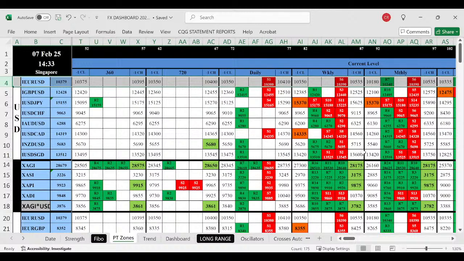We are seeing some weakness on the daily, and weekly is also weak, but there is no buying force involved. So the range we are looking at is 103.50 on the low side, and I don't see the price going even lower, but I think we should see the 104 being tested or broken.